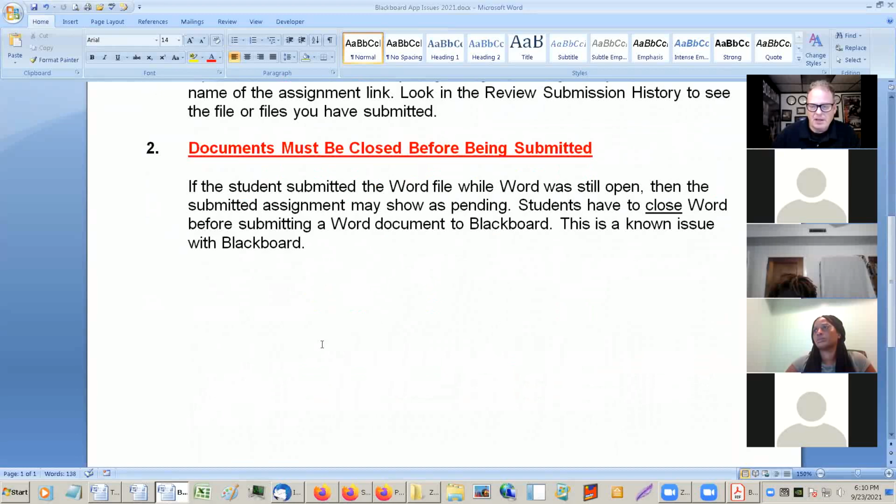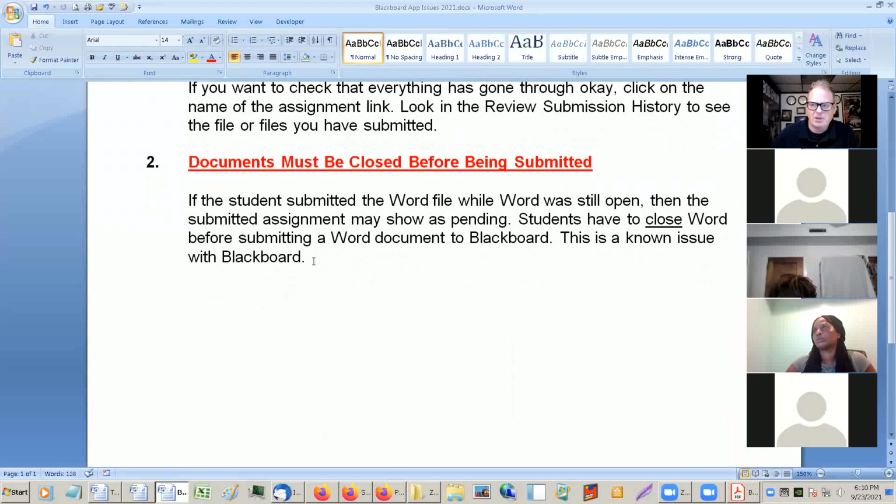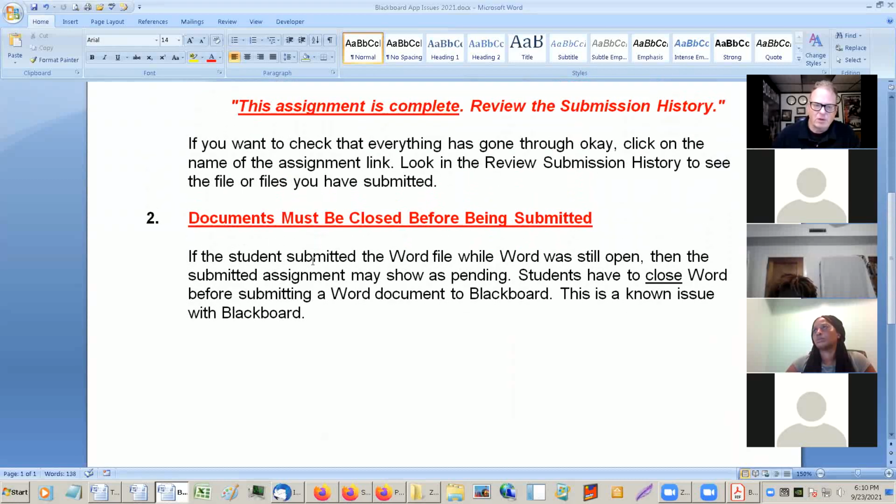And then this one, I think, is the more common, and that is that the document must be closed. Whether you're using it on a computer or on your phone, you must close the document and then submit it. If it's open while it's being submitted, for whatever reason, I'm not tech savvy about it, Blackboard cannot take it.